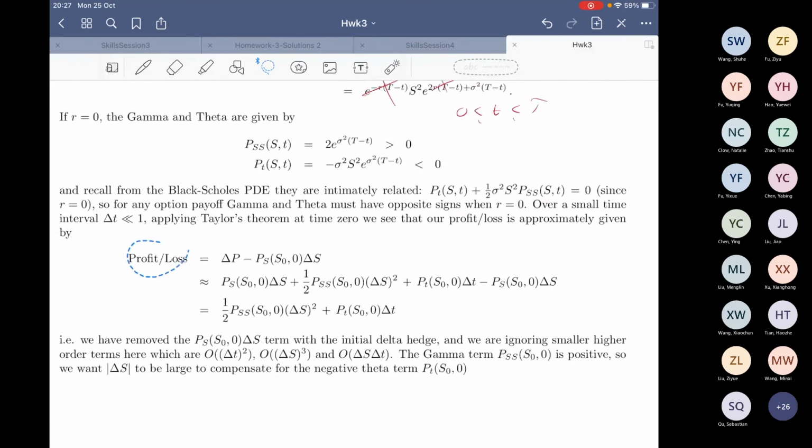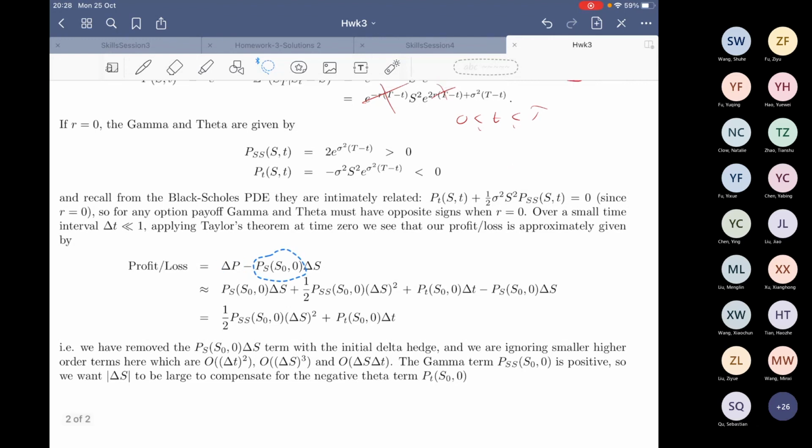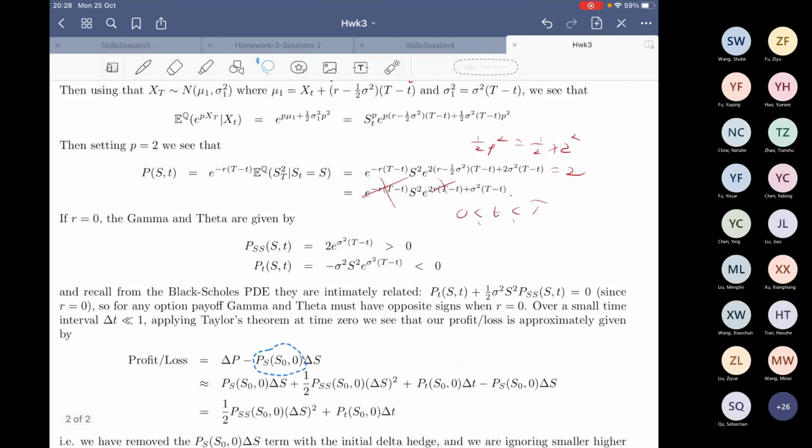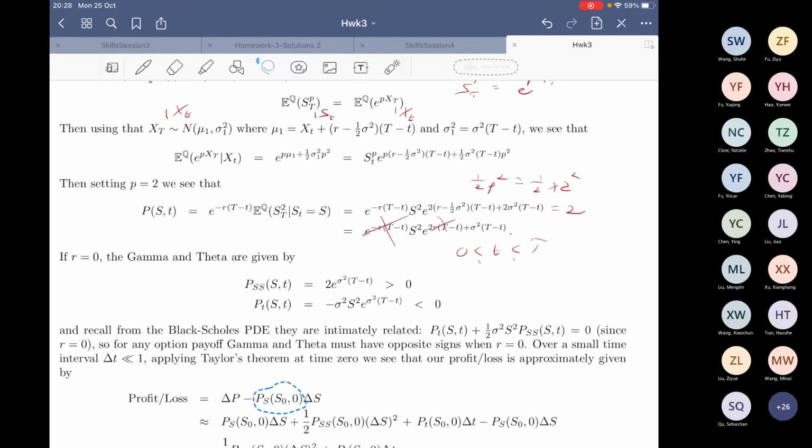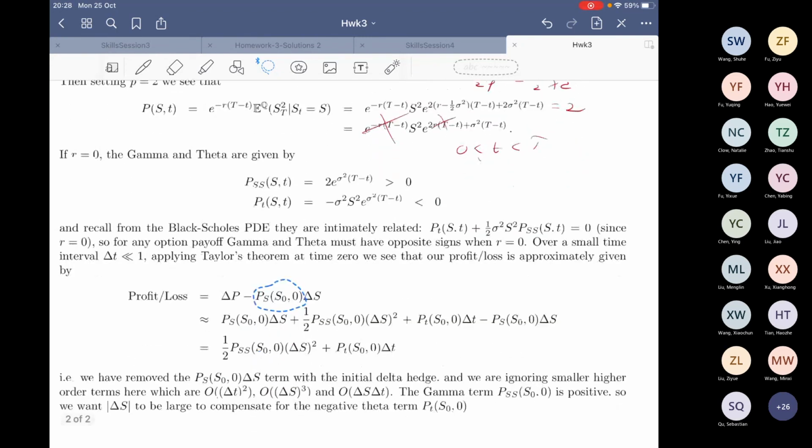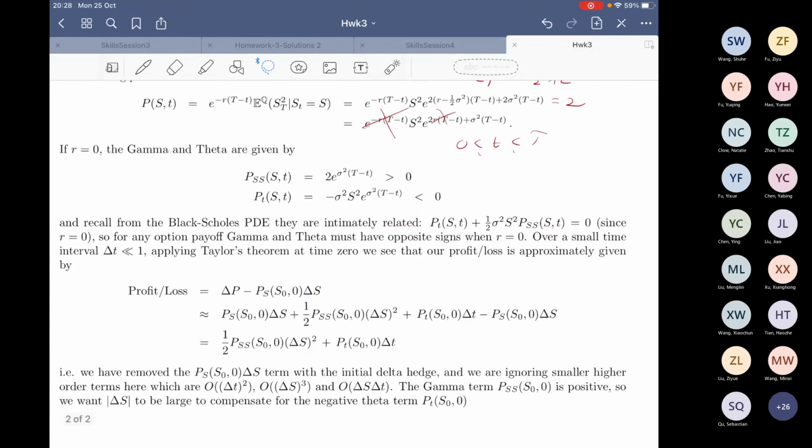So our profit and loss is equal to the change in the value of the actual option itself minus the profit and loss which accrues from that initial delta hedge that we put on. So we initially sold P_S of S0 units of stock, because the delta of the option is P_S. I don't care about the actual formula for it, but if we're delta hedging, then we have to sell minus that amount, which is why we've got a minus there.